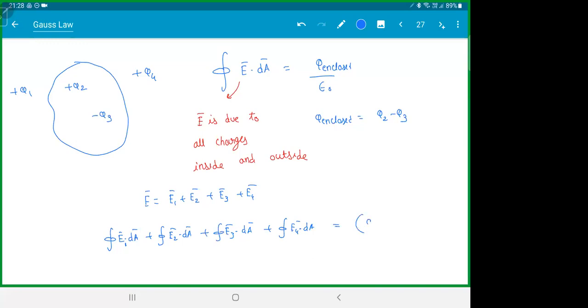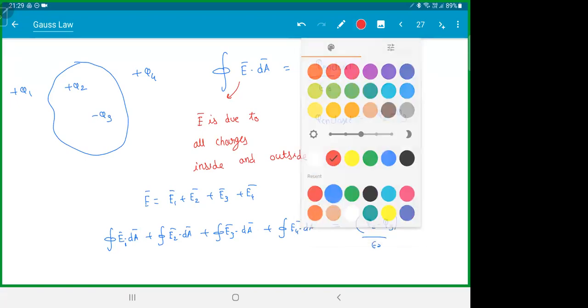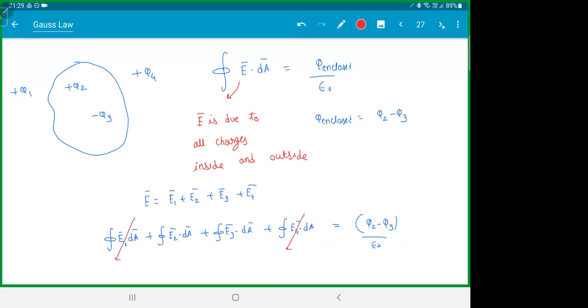This is equal to total charge enclosed, Q2 minus Q3, by epsilon. But the terms for Q1 and Q4 will be 0, because the charges are outside. Q1 and Q4 are outside, so flux is 0. So what you're doing is simply adding zeros to the function. Are you getting this thing?